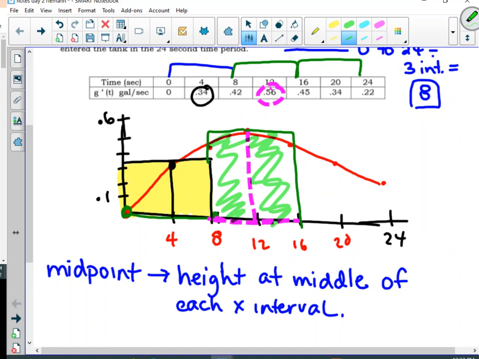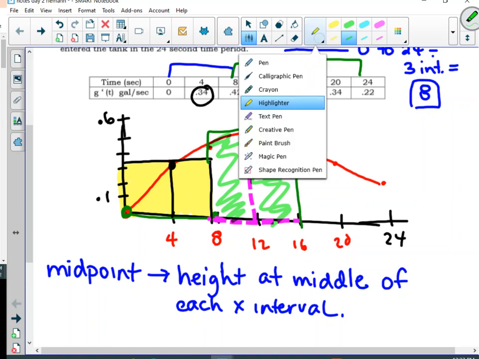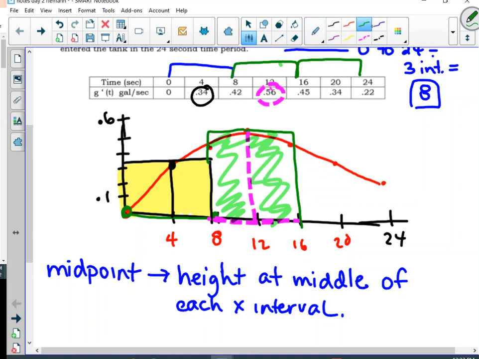You can see the midpoints kind of have a nice mixture of a little bit over, a little bit under, kind of sort of evens things out. And then my last one, my 16 to 24, the height at 20.